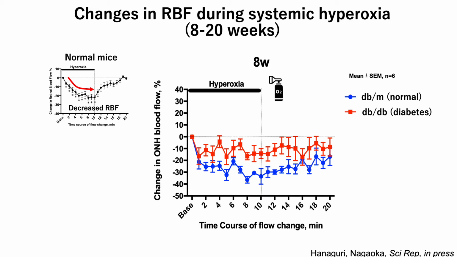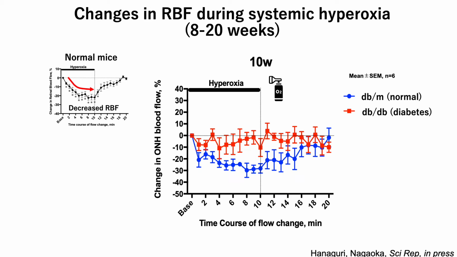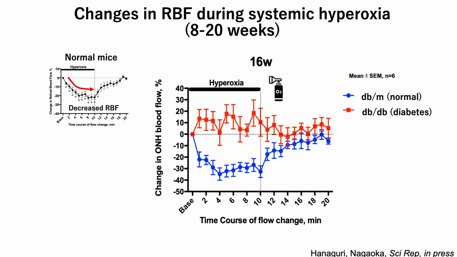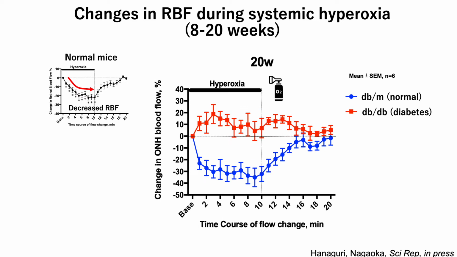You can see the longitudinal changes in the retinal blood flow from 10, 12, 14, 16, 18, and 20 weeks of age in both groups. There were significant differences in the changes in retinal blood flow in response to systemic hyperoxia between the groups from 8 to 20 weeks of age.